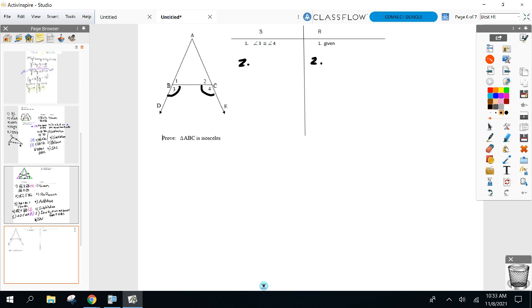Yep, they're linear pairs, right? So what? Keep going. That means they're what? Okay, everyone agree? 1 and 3 are supplementary. 2 and 4 are supplementary. Yep. Some of you maybe don't know where we're going from here, but just hold on. Angle 1 and 3 are supplementary. Angle 2 and 4 are supplementary.